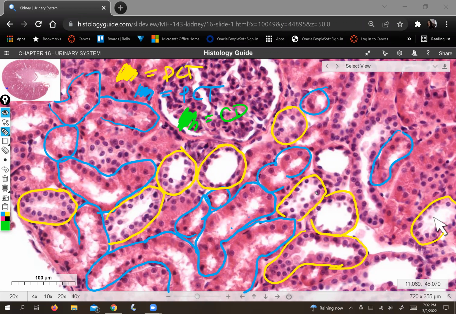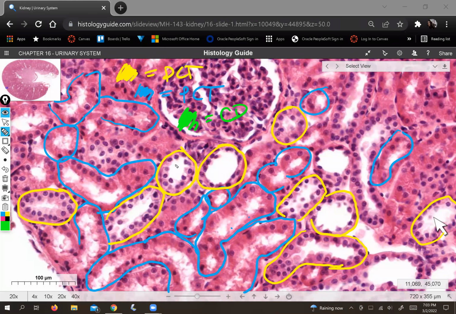So what you'll notice is that the DCTs have that appearance that I talked about, but there's another epithelial lined tube in the vicinity that resembles a DCT, but their structural orientation, the physical way that they point, is more uniform than the DCTs.